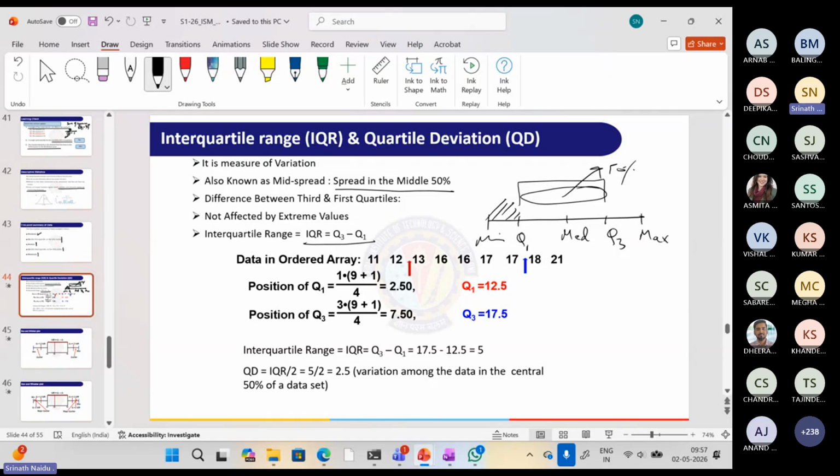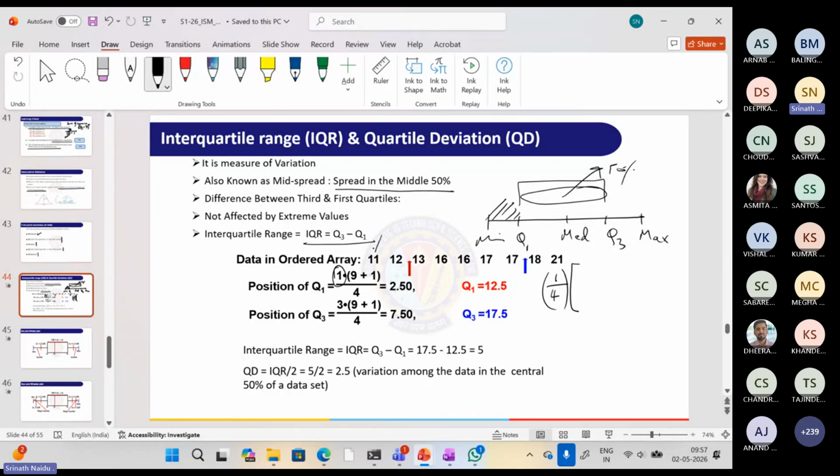So we have data in an ordered array: 11, 12, 13, 16, and all the way up to 21. Then we look at the position of Q1. Now we say 1 by 4, because we're taking the first quartile, times the position.